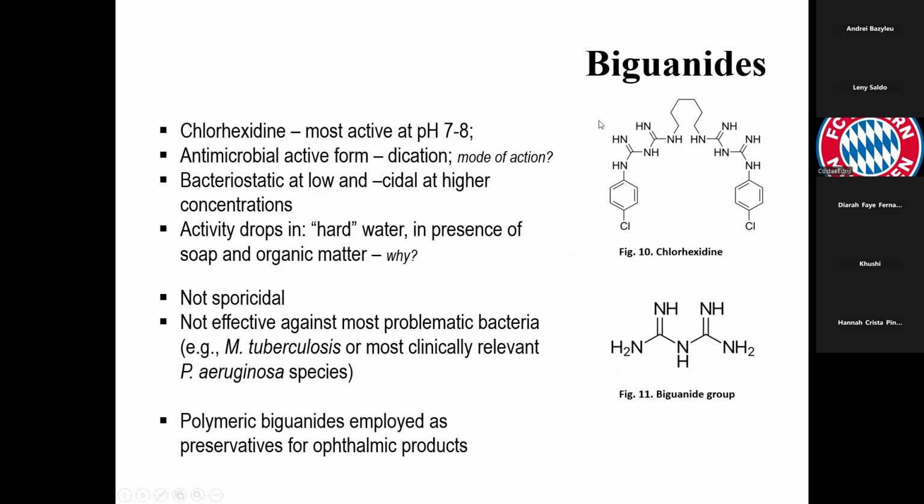Its mode of action is very similar to that of quats. It has nitrogen, and this nitrogen can form a dication, as it says here. It can have a positive charge, and that positive charge will be looking to attach to negatively charged sites on the surface of the cell wall and the cell membranes of the bacteria.